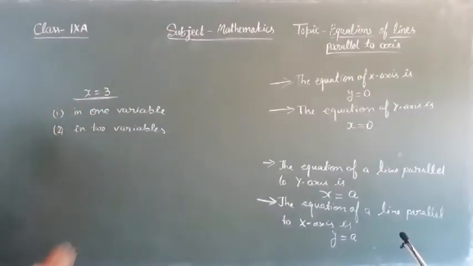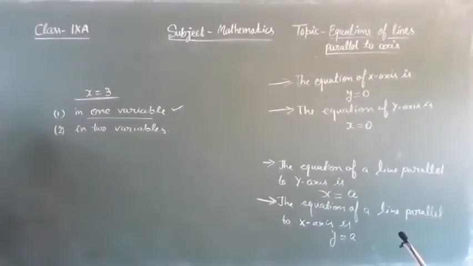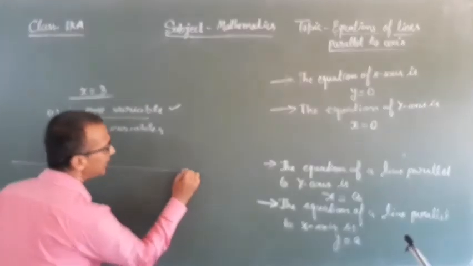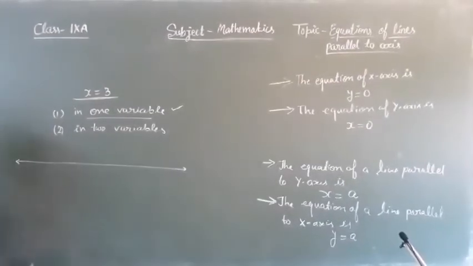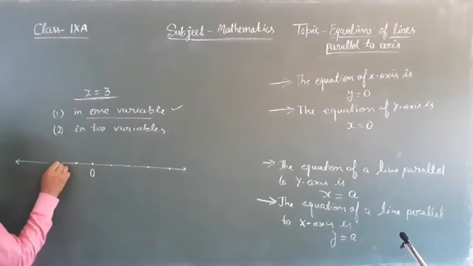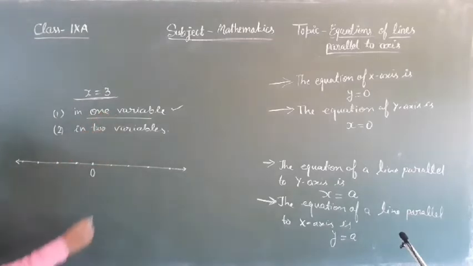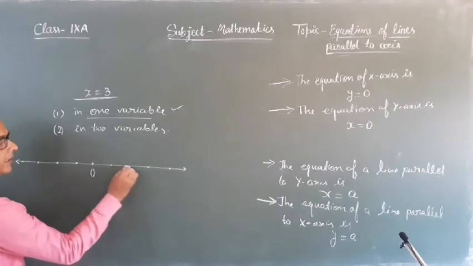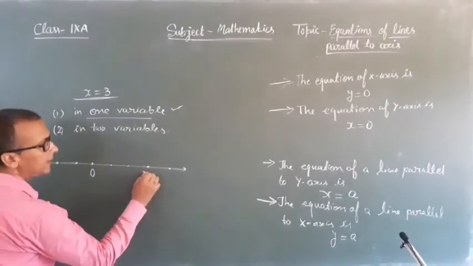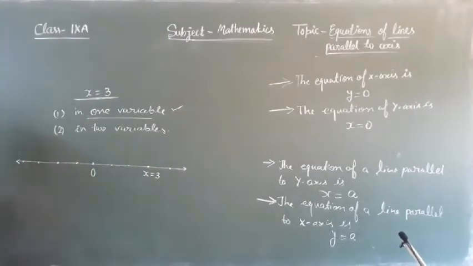If x is equal to 3 contains one variable, then it has a unique solution, and you can represent it geometrically on a line. That line is a number line. Let us take some points on it: this one is 0 and 1, 2, 3. This point is x is equal to 3. It is the geometrical representation of x is equal to 3 in one variable.